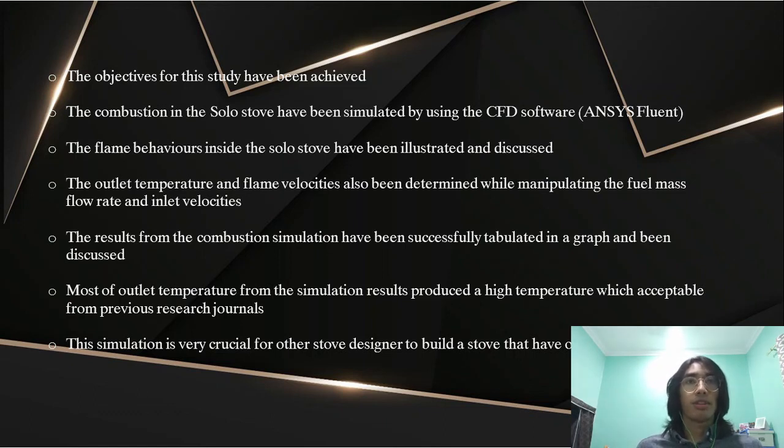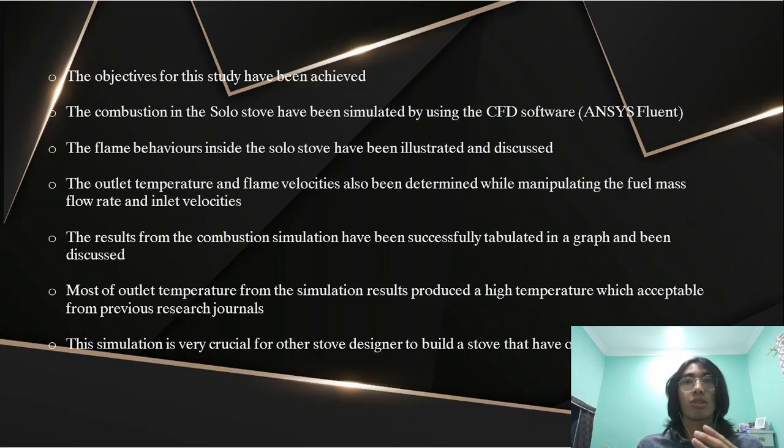As I mentioned before, from the graph of manipulated flame mass flow rates against temperature and outlet velocity, the critical conclusion is that the user benefits: he can still use low quantities of fuel, but get a maximum temperature.